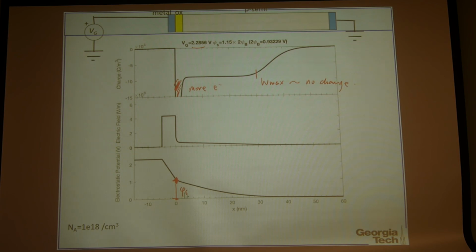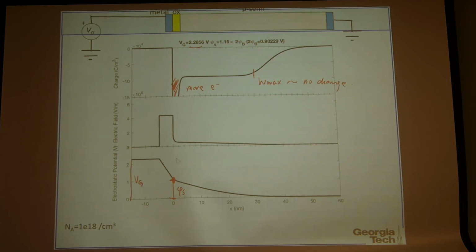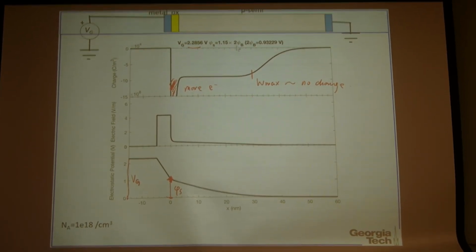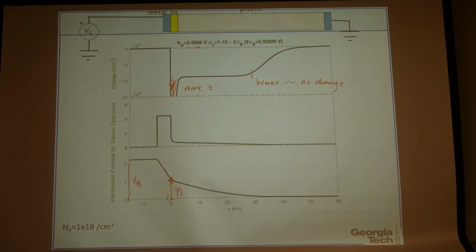This phi s does not change too much after the inversion, after you reach the threshold. But you are going to get one more gate voltage here. This is your gate voltage. Now even when the gate voltage becomes 2.2 volts, you see that the phi s is just 1.15 times 2 phi b. So it does not change too much.